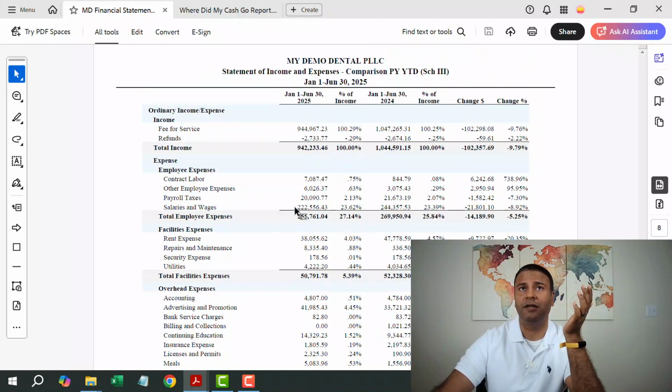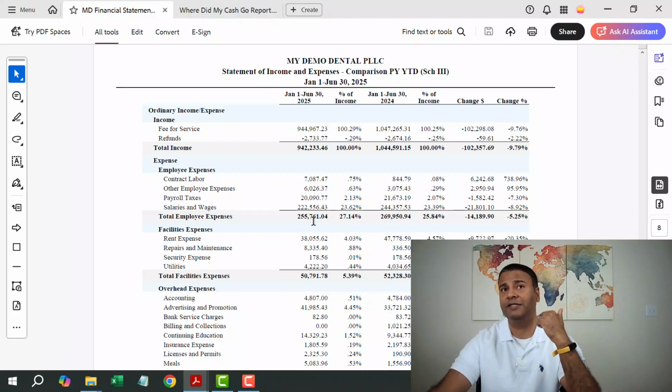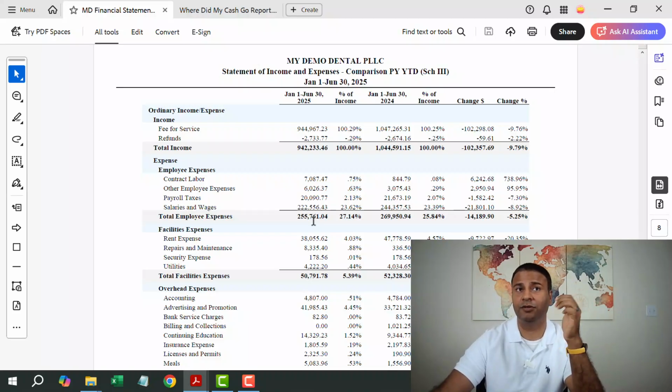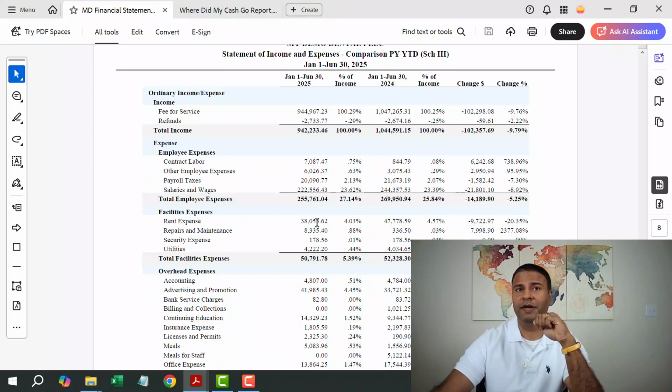If you are collecting more, you're producing more, you need more people to work, you need more dental supplies, you probably need more dentists to work. But if you're producing less, then you don't need that much help, you don't need that much supply. So those things will go up and down.